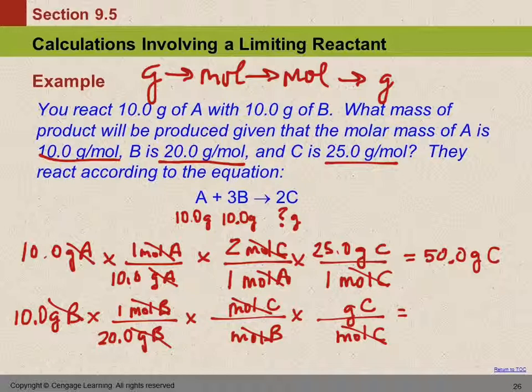It's still 25. Look at this. This term and this term are exactly the same. You see that? They're going to be exactly the same because we're ending up at the same place. The middle term, we get these numbers from the balanced equation. In front of C is a 2, and in front of B is a 3.